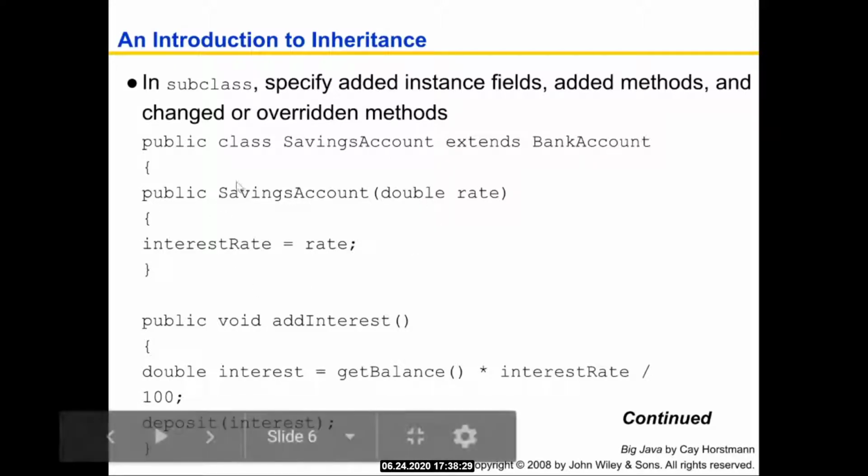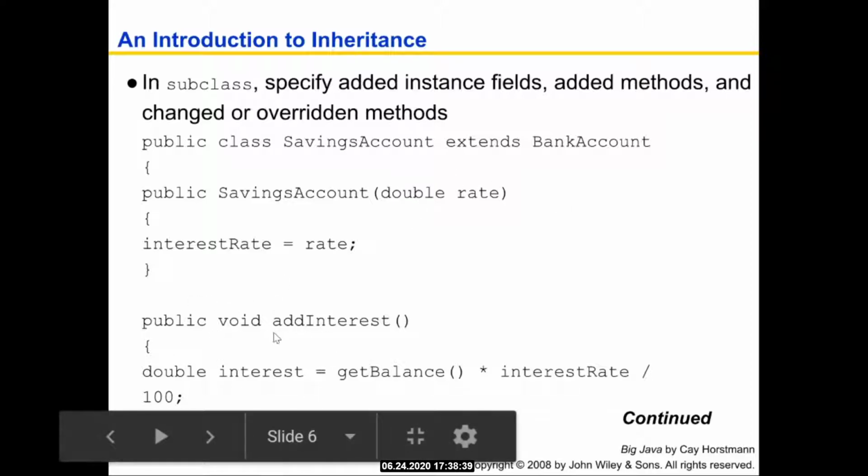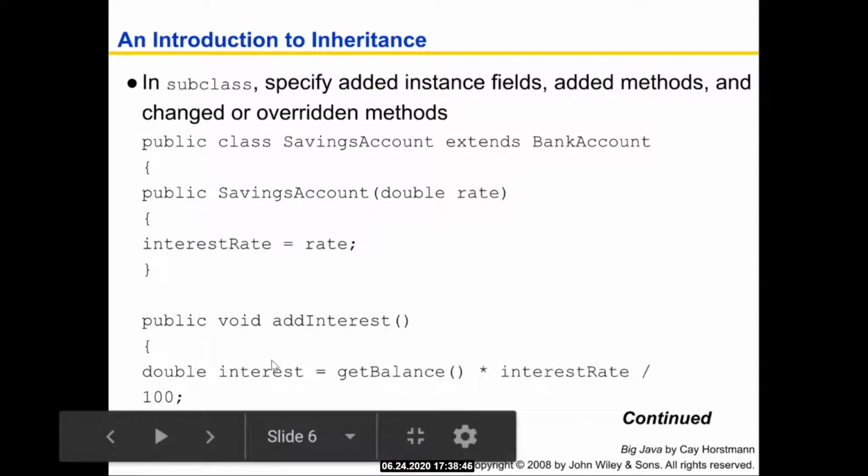Now this is the constructor. This is where things get interesting. So we have public SavingsAccount that can take in an interest rate. We can have methods that add the interest to your specific account. So here we have interest equals getBalance times interestRate divided by 100.